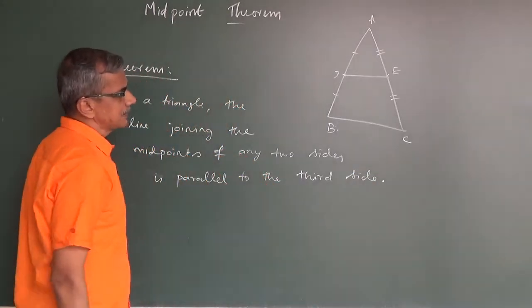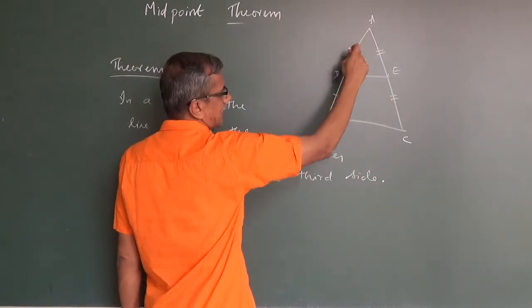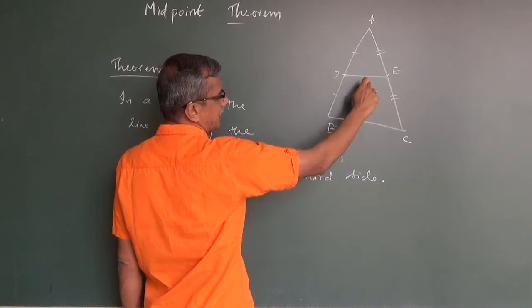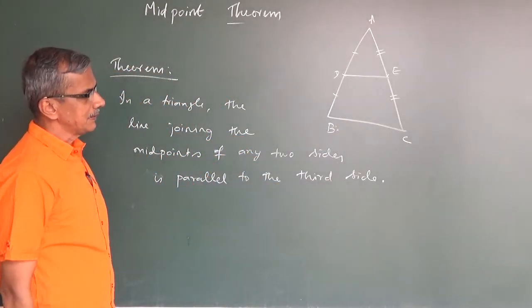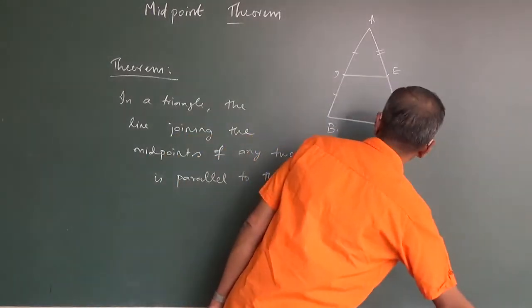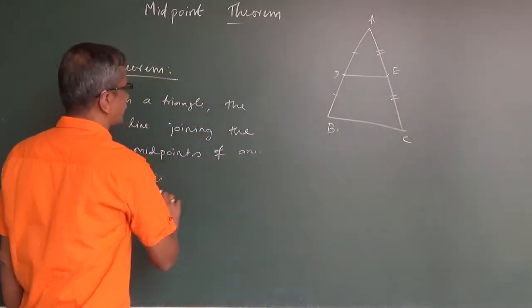That is, these are the two midpoints of two sides and the line joining them will be parallel to the third side. DE will be parallel to BC. This is what we have to prove. Now this is the theorem and we will see how to prove it.